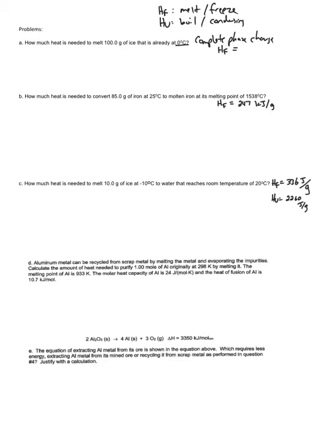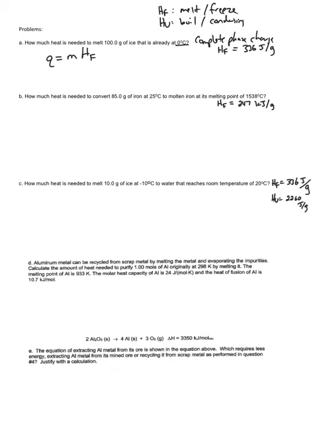It wasn't given here, my apologies, but the HF for water is 336 joules per gram. It takes 336 joules of energy just to melt 1 gram of water from ice to liquid. Because it's a state change, there is no change in temperature.